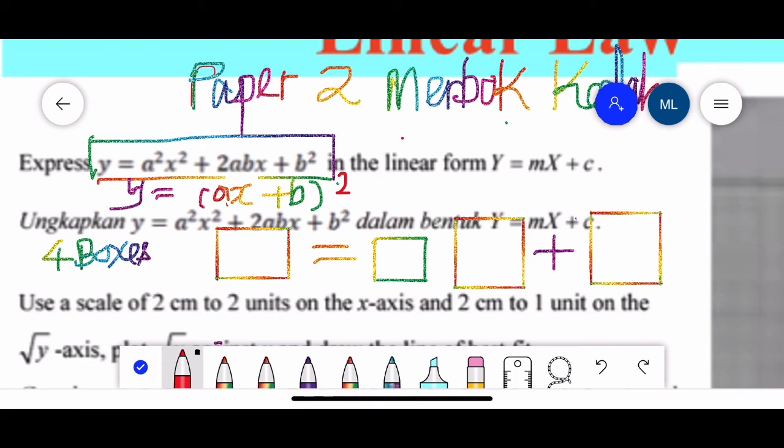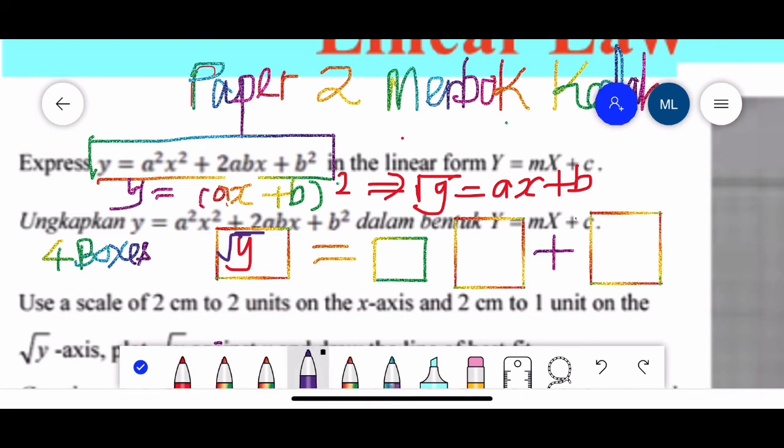Now you just square root the y, with the purpose of following the instruction of the question. So square root of y is equal to ax plus b. The a is a number that they don't tell you, it is unknown, so a must be a constant and b also must be a constant. Then we plug into the boxes.